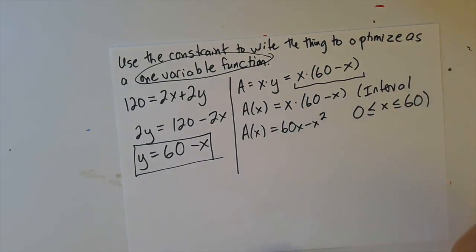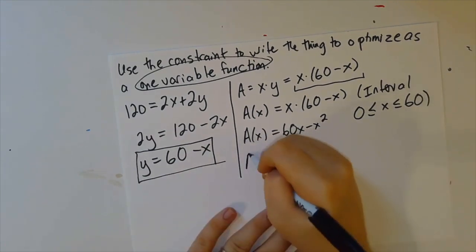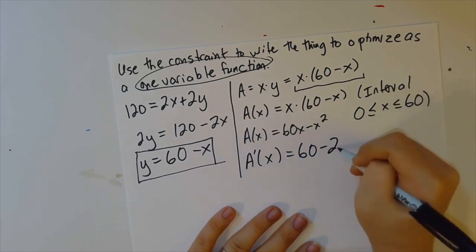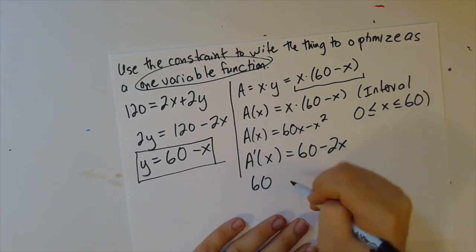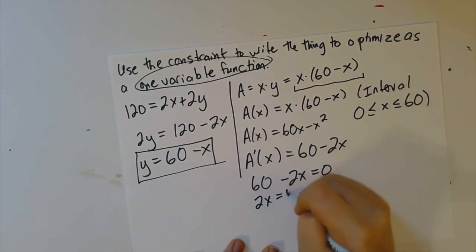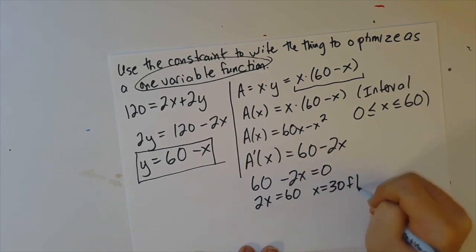And remember, again, it either happens at a place where the derivative is 0 or at the endpoints. So let's take the derivative. We'll set that equal to 0, which will give me 2x is 60, which will give me x is 30 feet.